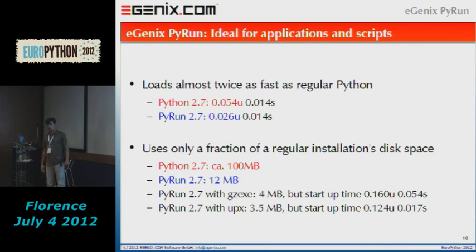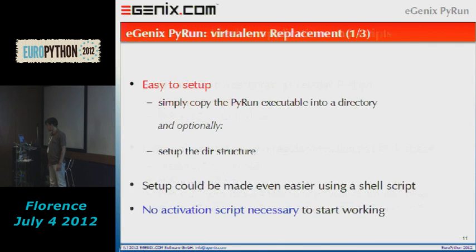Plus, you can compress it further to just 4 megabytes, or even, if you use UPX, which you might know is an EXE compressor, it just uses 3.5 megabytes, so that's very, very tiny. Plus, of course, you get the same compression ratios if you put it into zip or tar.gz and then ship it as a download. So that makes things interesting.